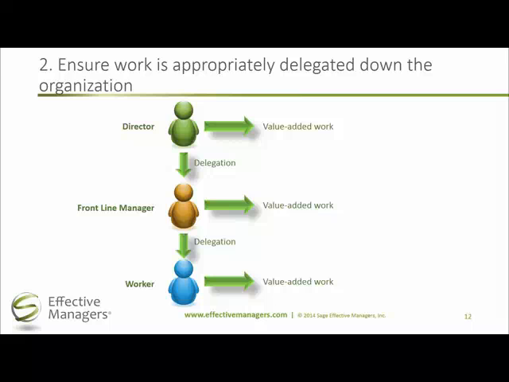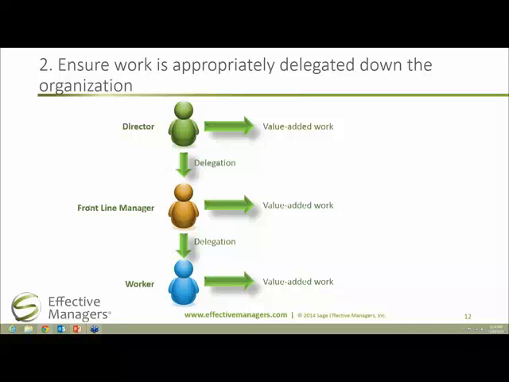Now, some of that work that has been delegated to me only I can do, so I need to do that work, but some of it I can chunk up and delegate further down the organization for someone lower in the organization to actually do parts of that work. Some of it may be input to work that I need to do, but some of it may be value-added work that the manager in this case would be doing on their own. So that cycle repeats itself.